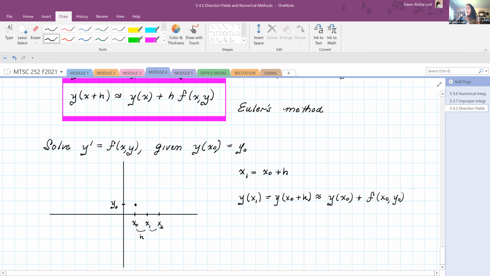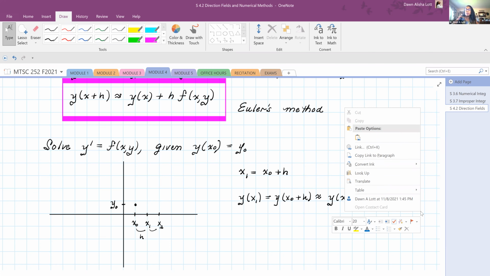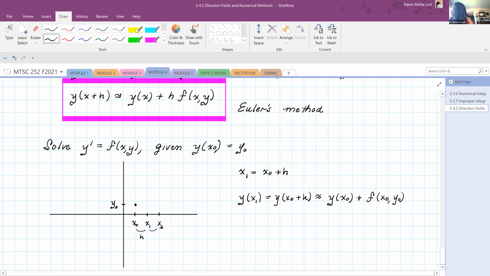So if I put x naught and y naught into the right-hand side, whatever my function is, then I will get y1.